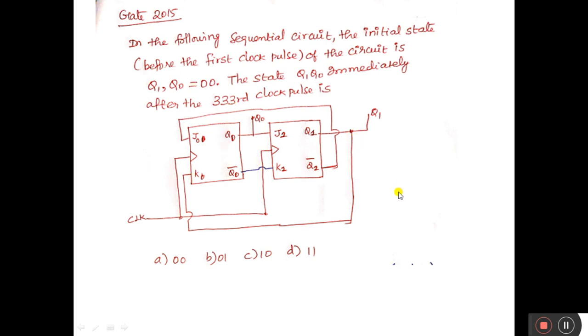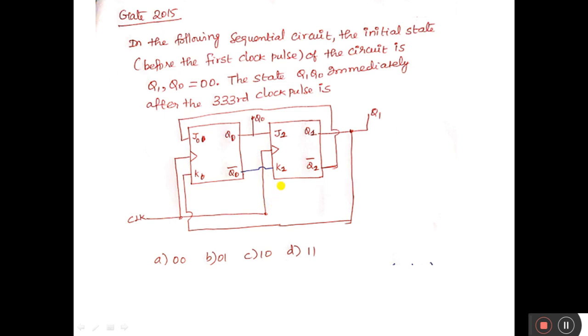By our knowledge, we can say this is a Johnson counter. Why? The Q bar output is connected to J and the Q output is connected to K. So this Johnson counter is a mod 4 counter.